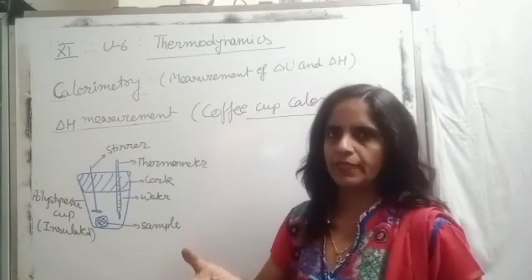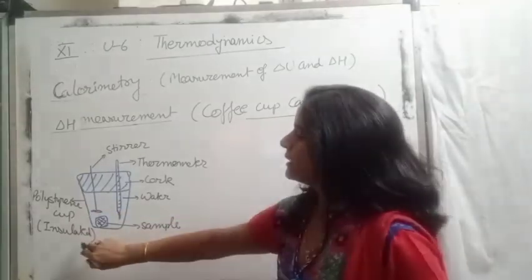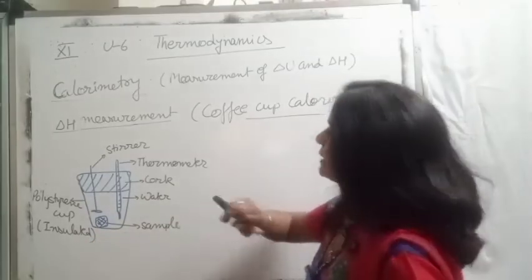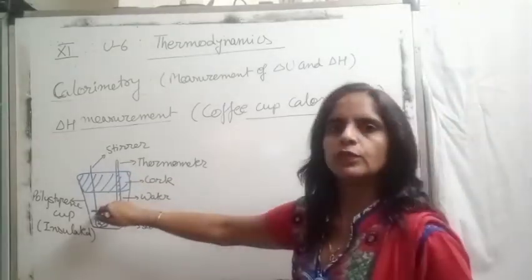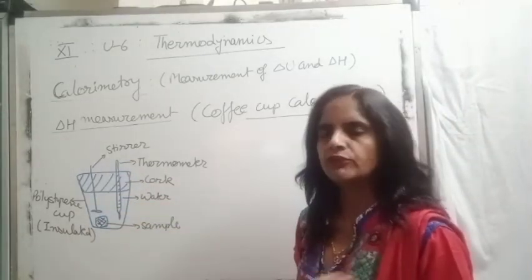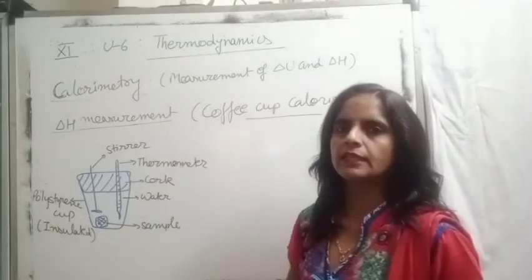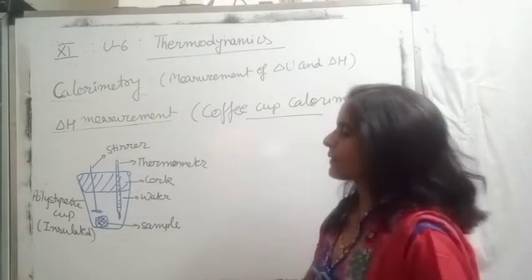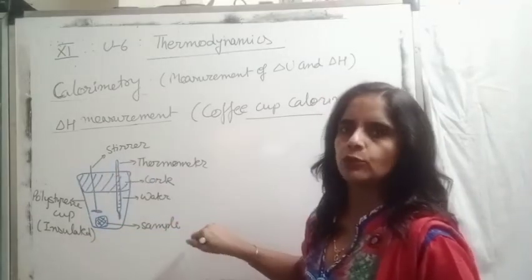Polystyrene is a polymer material. It is insulated. In this case only two arrangements are there: a stirrer, as we need to stir for uniform rising of temperature, and a thermometer to measure the temperature of the process. And again this cup is filled with water.